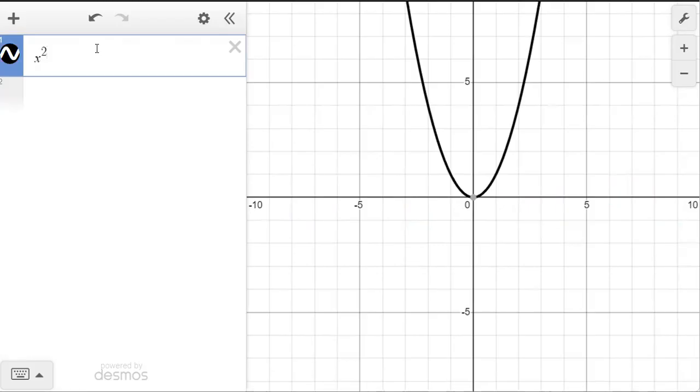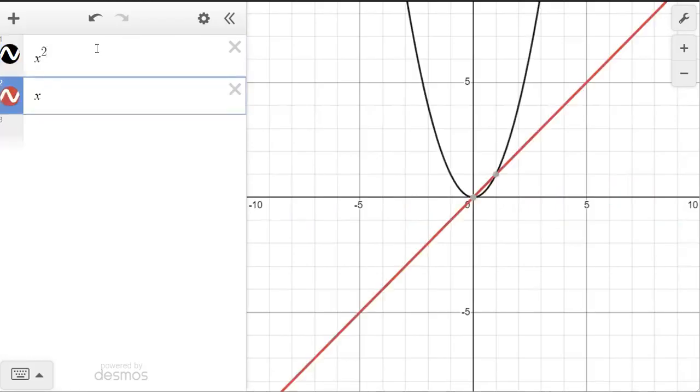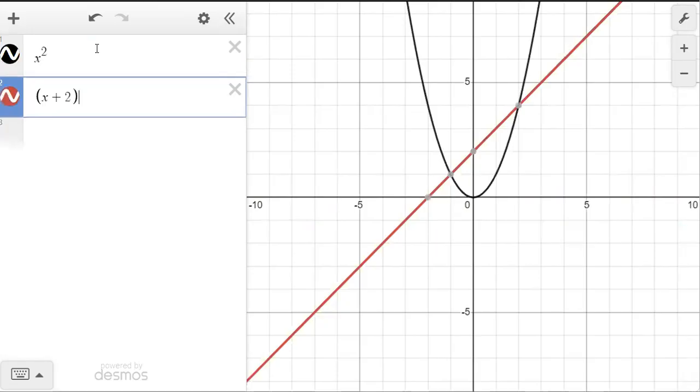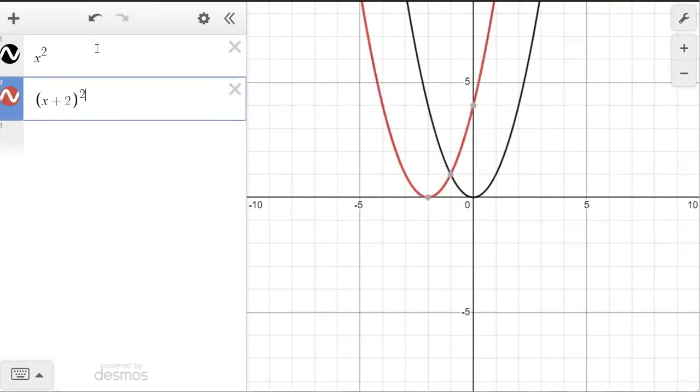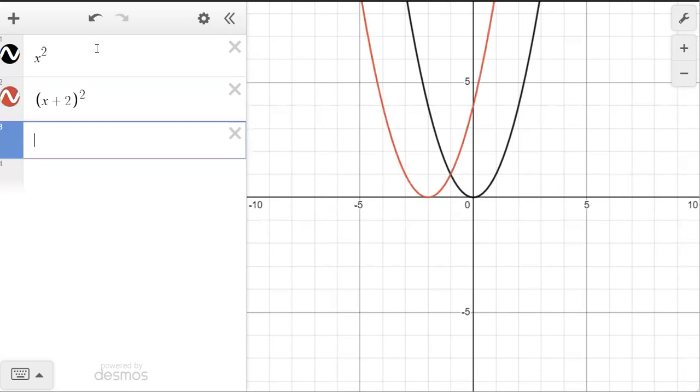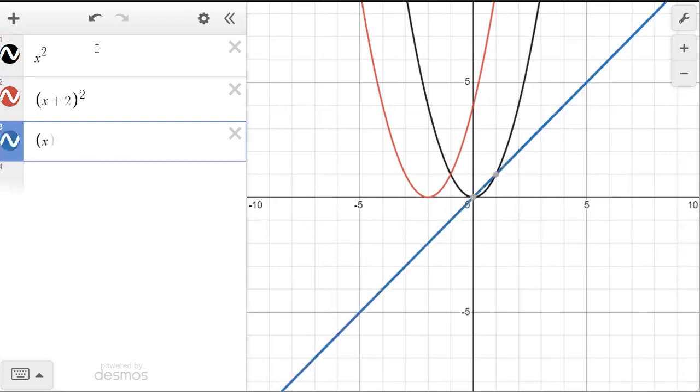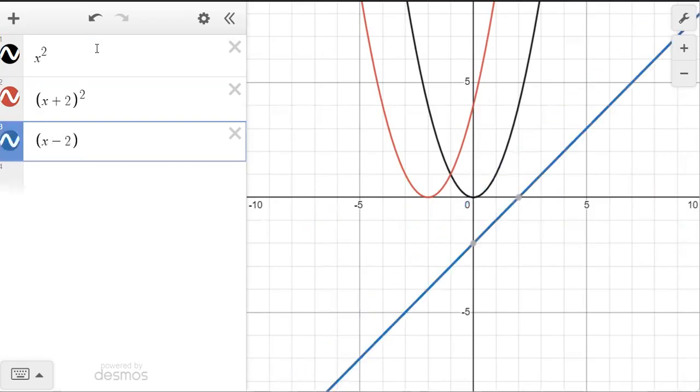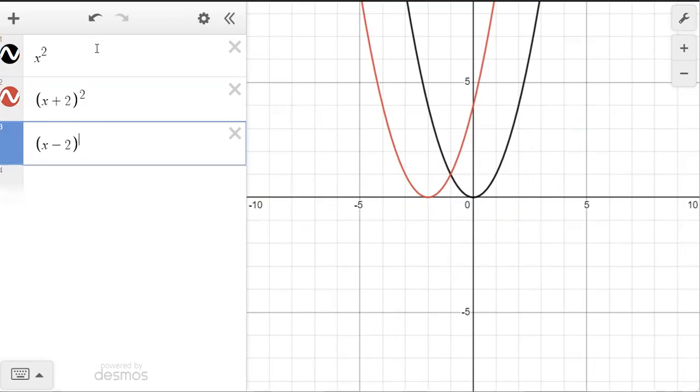And now see the graph of x plus 2 whole square. See, this is shifted left. See the graph of x minus 2 whole square.